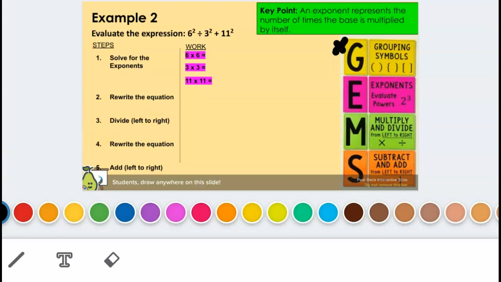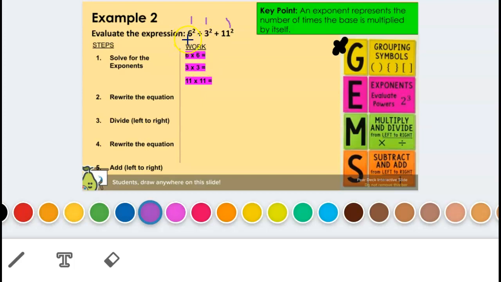The next thing I would look for would be exponents. Well, I see one exponent here, one exponent here, and one exponent here. So I've put these out for us. 6 to the second power, or 6 squared, is not 6 times 2.